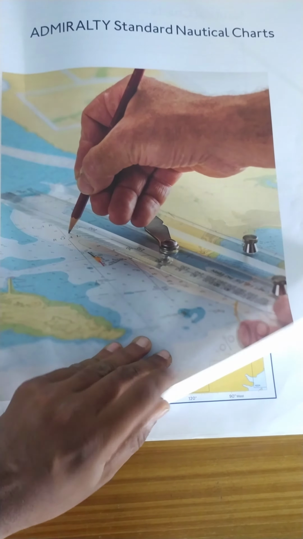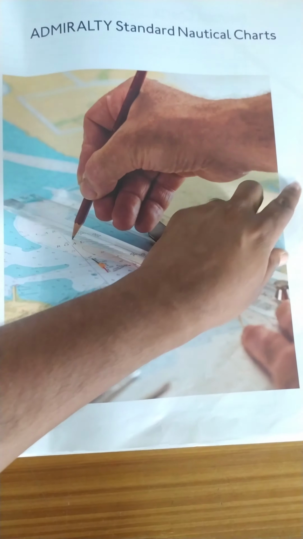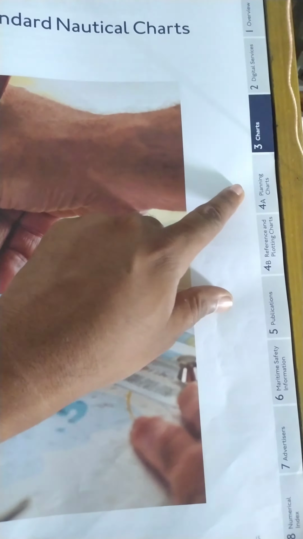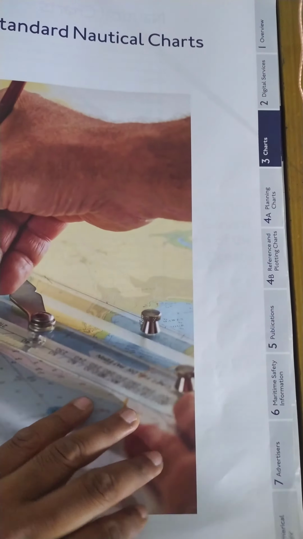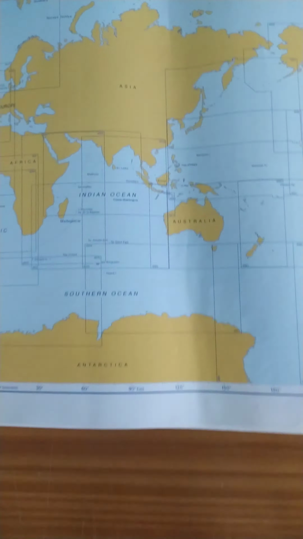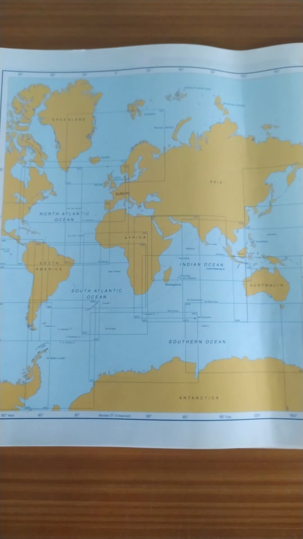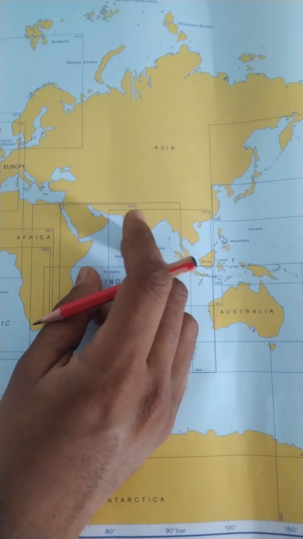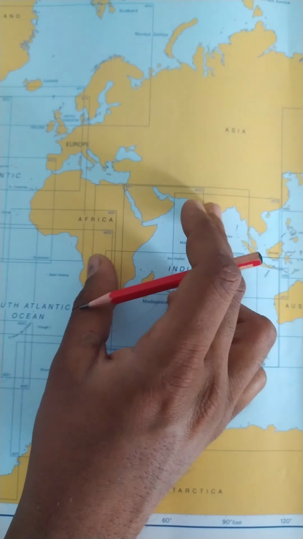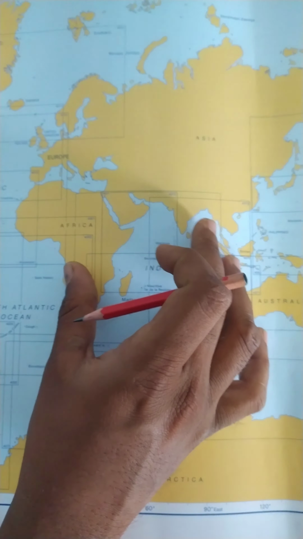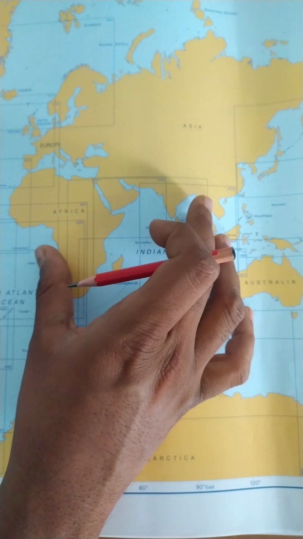Next comes the Admiralty standard nautical charts. See, it is section 3. Section 3 is charts. The first thing you will be getting is the world's general chart of the oceans. So these are all charts with a small scale. These cover a big area in a small amount of paper.